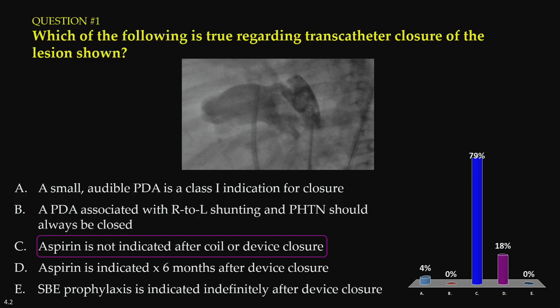So we do SBE prophylaxis for 6 months, but not anticoagulation. And then A, the class 1 indication for closure is a moderate, at least moderate, so moderate or larger audible PDA is a class 1 indication for closure. A small one is a class 2.